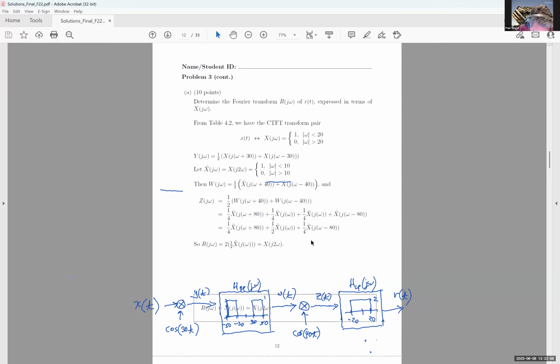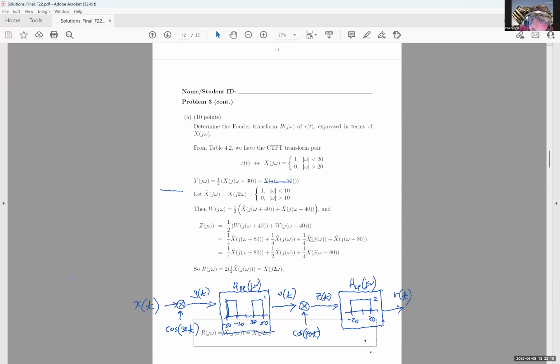Was there any particular step that you didn't understand? Should I just go through it step by step? So I was able to do the diagram, but I think the second line I was confused about.